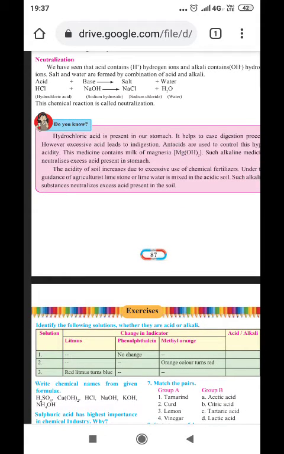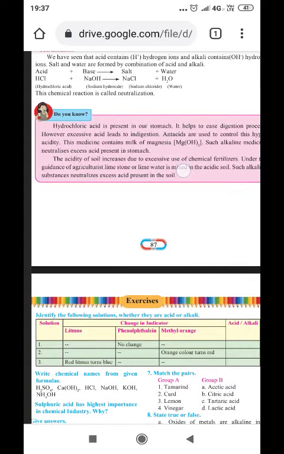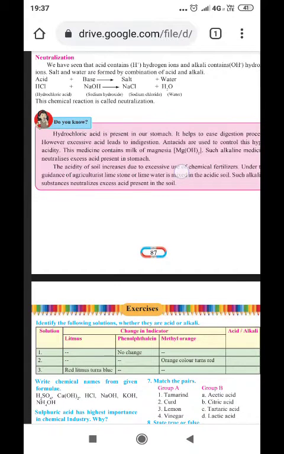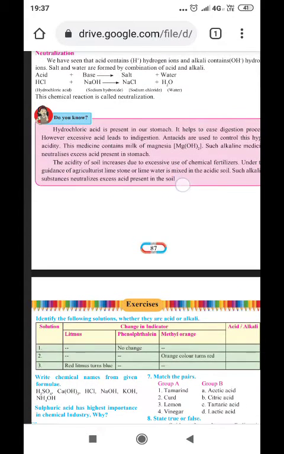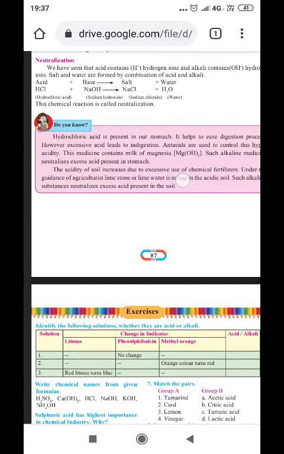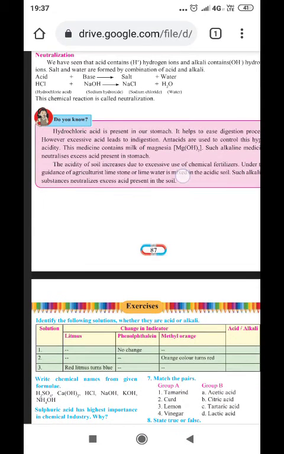Now what is neutralization? When acids and base of equal volume and equal normality are mixed, we get neutral substances. That is called neutralization. In simple words, when acid reacts with base to form salt and water, it is called neutralization.